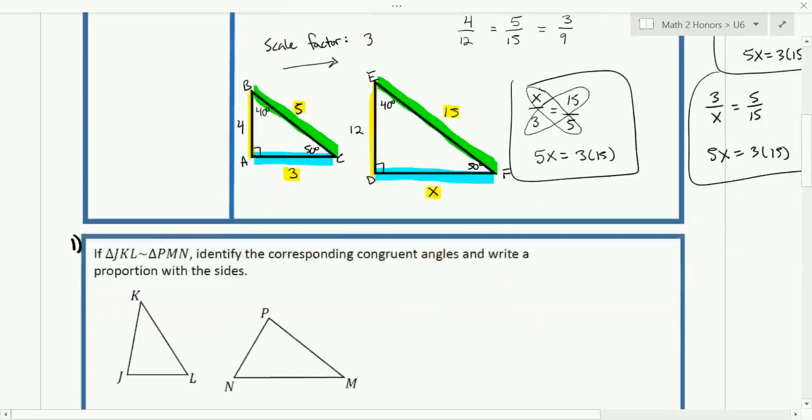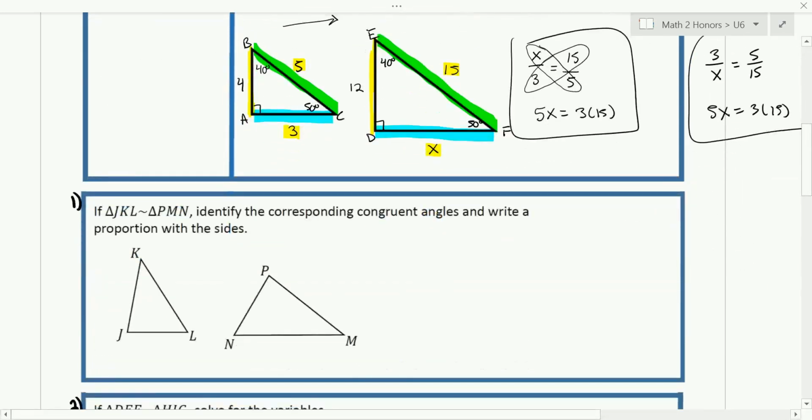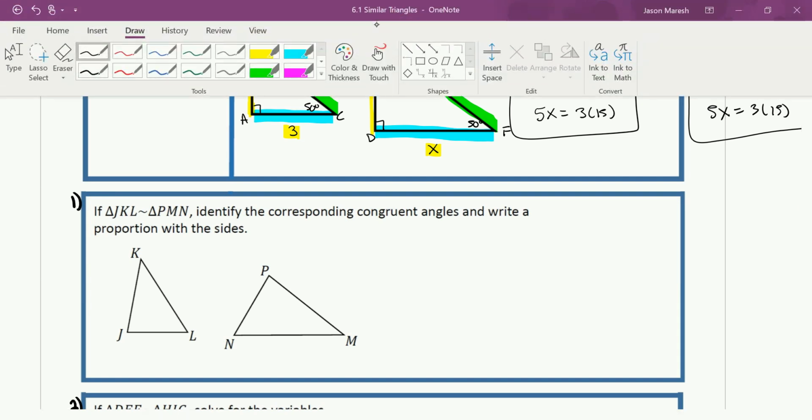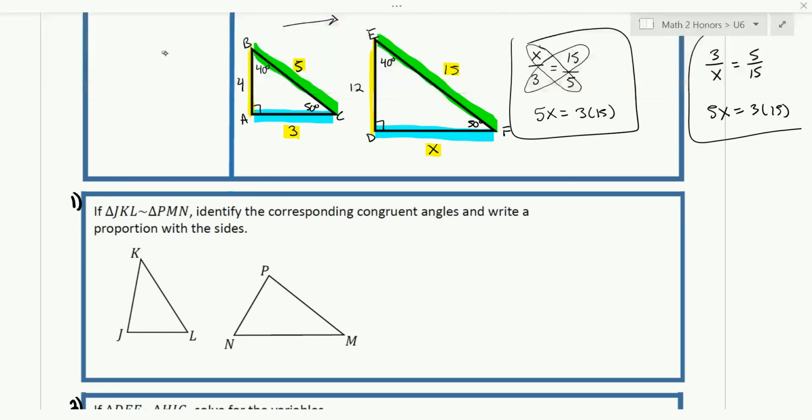Okay. So if we look at number 1, we see that notation. Triangle JKL is similar to triangle PMN, which means what? What does it mean to be similar? Corresponding angles are congruent. So angle J would be congruent with what?